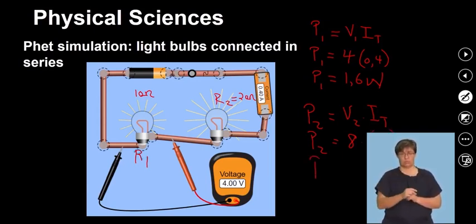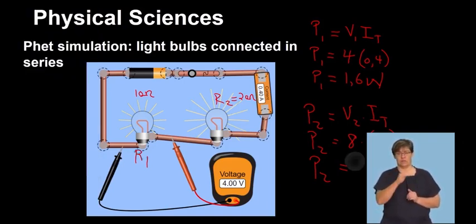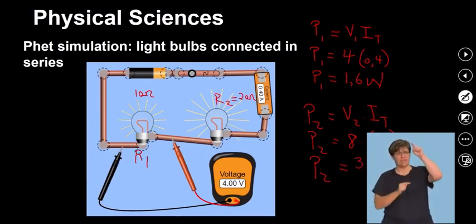So P2, the power for R2, is 8 multiplied by 0.4. On the calculator we get 16 over 5, as a decimal 3.2. Actually, 3.2 is double 1.6 watts.